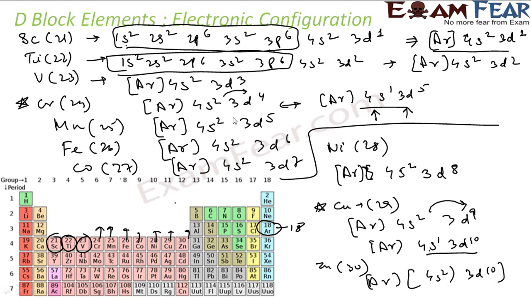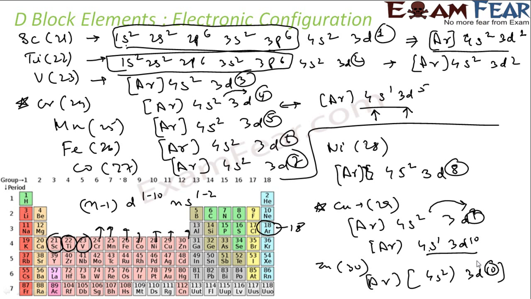So if you see the pattern and generalize the electronic configuration, it is (n minus 1)d 1 to 10 and ns 1 to 2. You see here the d orbital has 1 to 10 electrons, correct, and the s orbital has 2 or 1 electron.